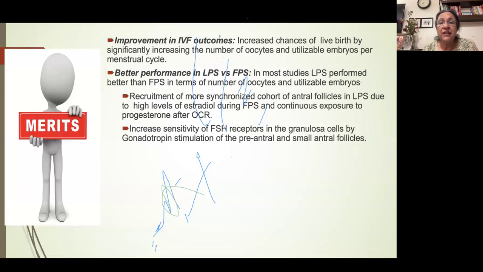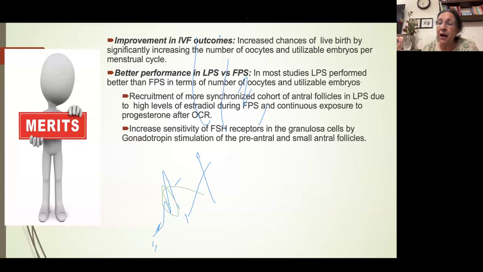But there is recruitment of a more synchronized cohort of antral follicles in LPS, and I'll tell you why. See, this patient has been exposed to gonadotropins and hence high levels of estrogen during the whole follicular phase. Now, we all know that a long gonadotropin exposure and high estrogen exposure might have surfaced some of the pre-antral follicles into the recruitment phase of antral follicles.